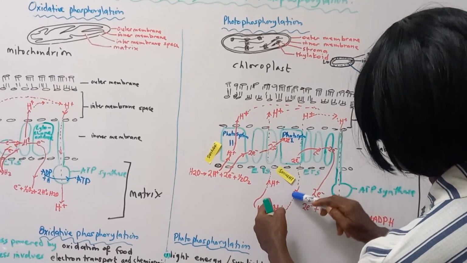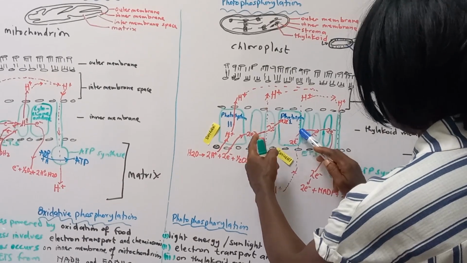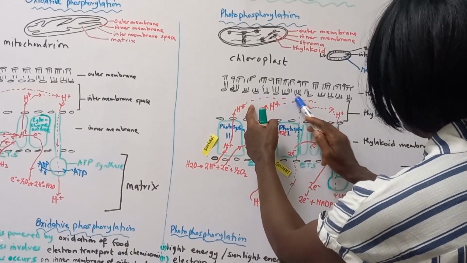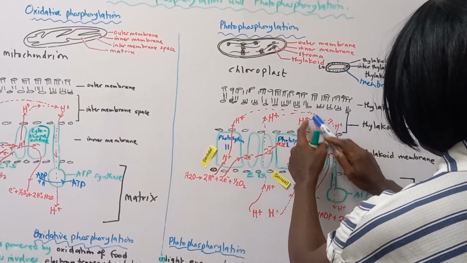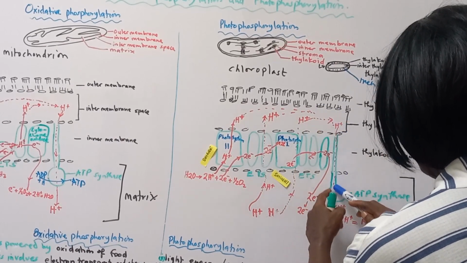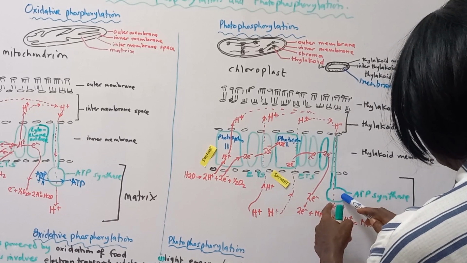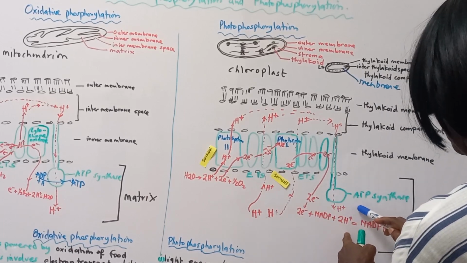So hydrogen ions are pushed into the membrane. They are pushed into the intermembrane space. They are pulled, and the high concentration here pushes the hydrogen ions through the ATP synthase, and they get back into the stroma.